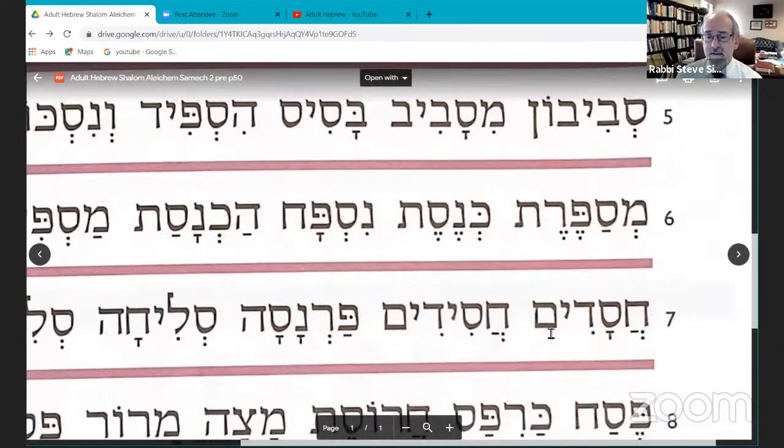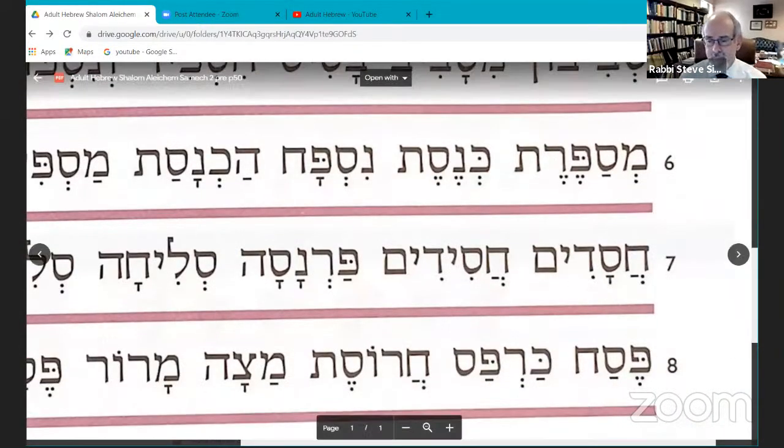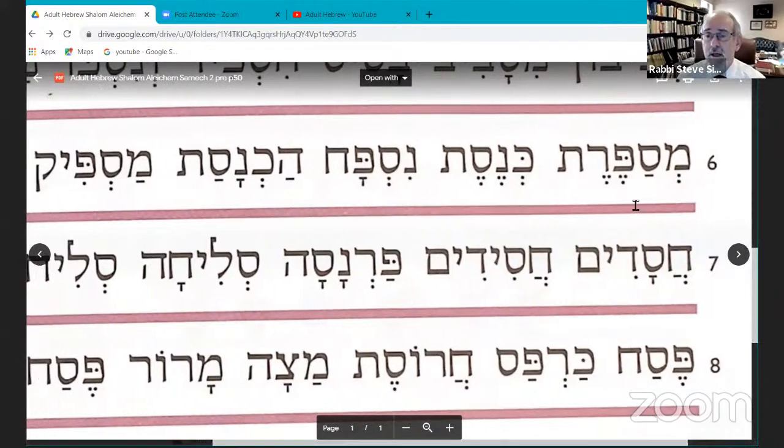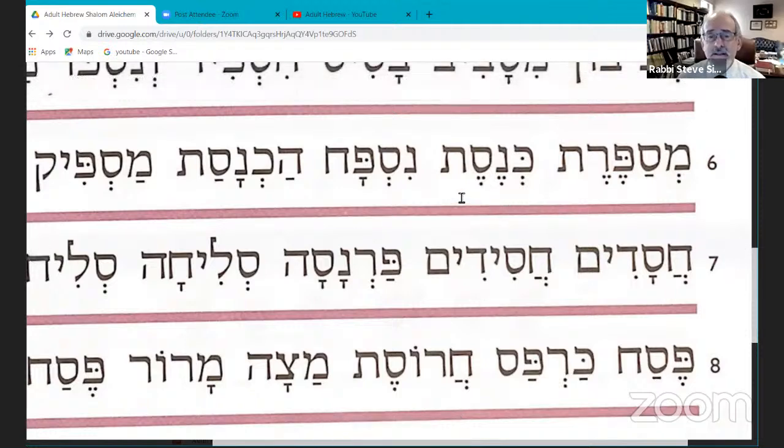Back to line 6. Misaperet, Knesset. Knesset is a familiar word. It is ancient and modern. Modern term, it's used for the parliament in Israel.